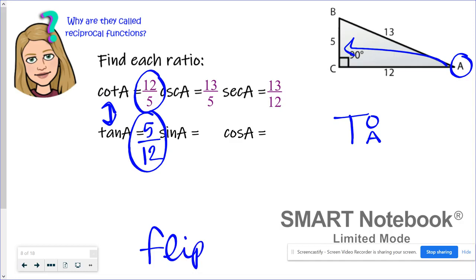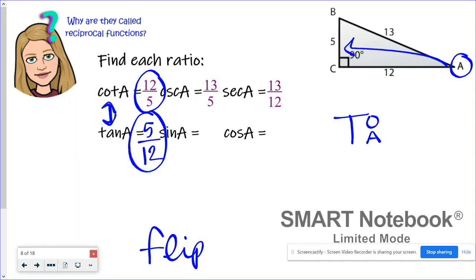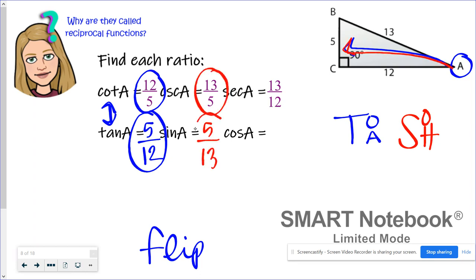I'm wondering about cosecant and secant myself, okay? So let's check it out. Because clearly I have put sine right underneath cosecant, so that must mean something, right? So I know sine is the opposite over the hypotenuse. So the opposite is 5 and the hypotenuse is 13. And yeah, I totally did that on purpose because cosecant and sine are reciprocals.